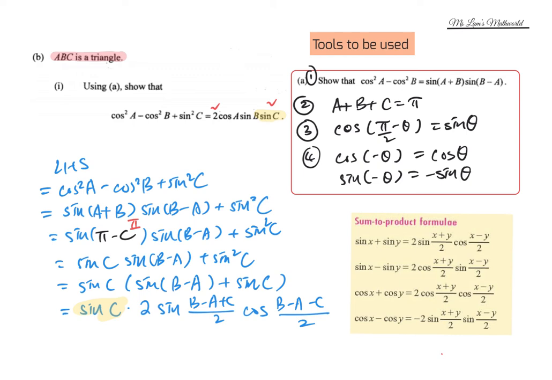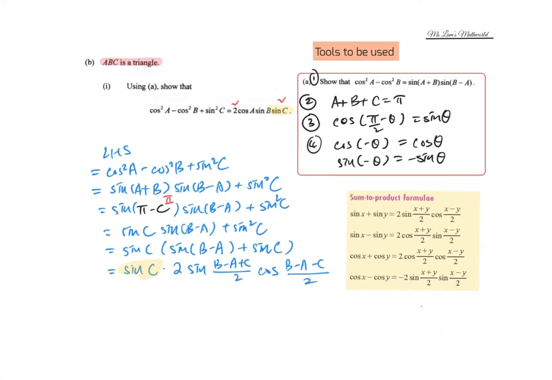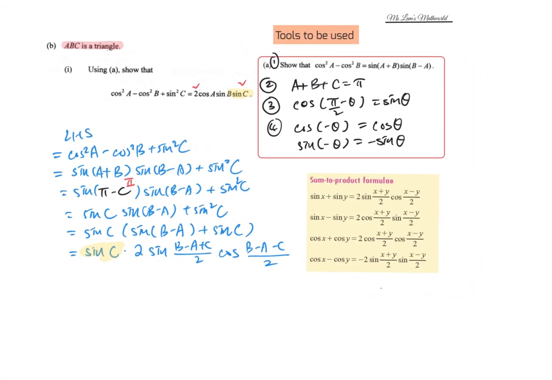Okay. So that means this time we are using number 2 again. So how to use the number 2 again? If you're not sure, then you can write the step again.